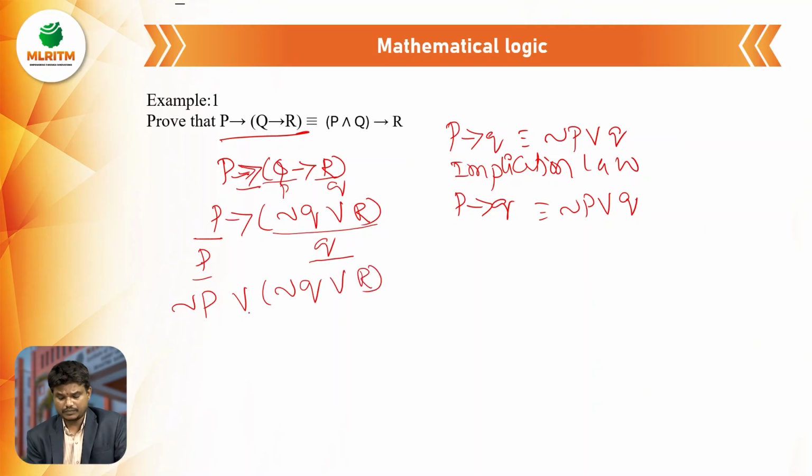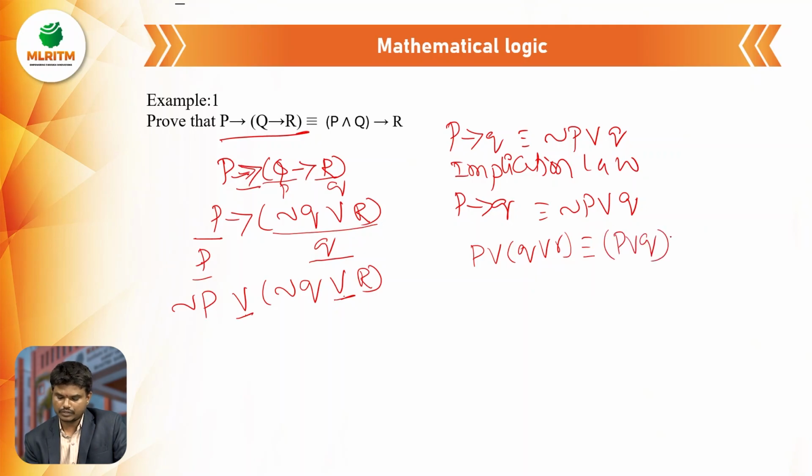Here we observe that we have the same symbols, R, R. So we use the associative law.